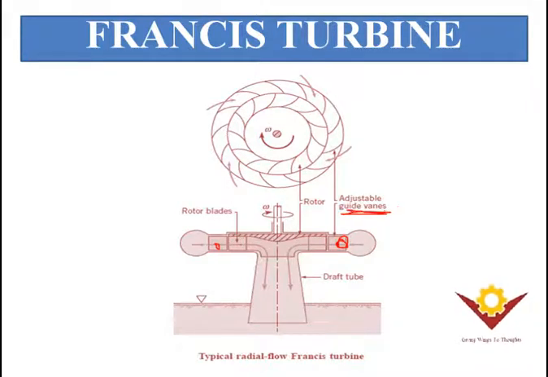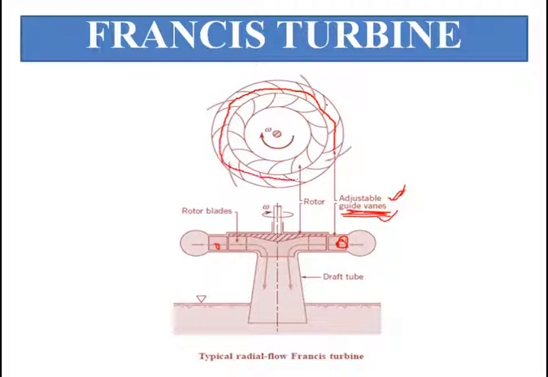These are adjustable guide vanes, which are stationary plates, but they are adjustable. You can adjust them, and you can see here the top view of the runner. These are the guide vanes, which are stationary vanes, or else we can call them wicket gates.